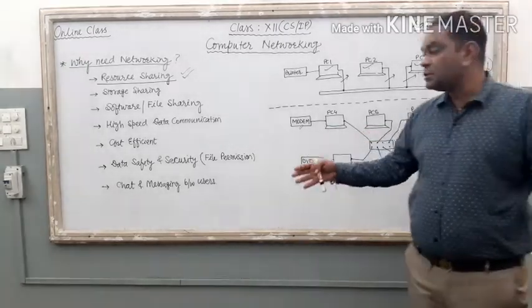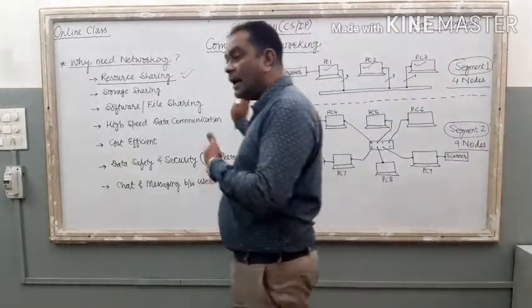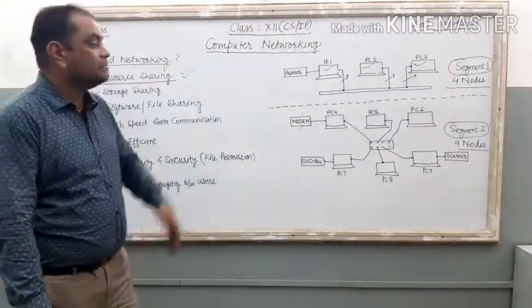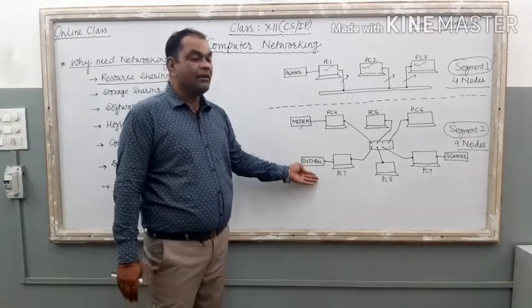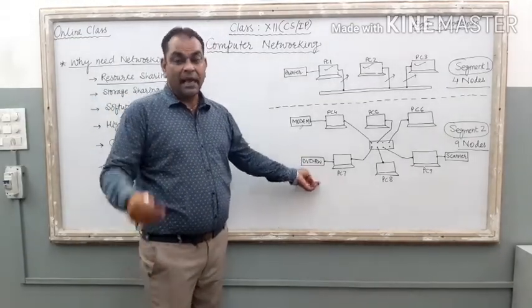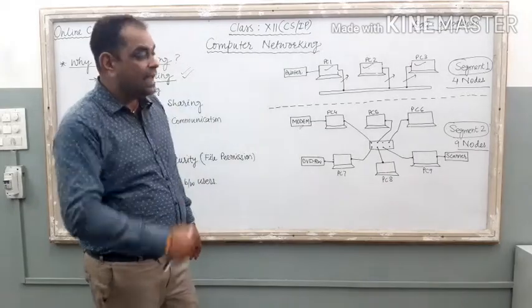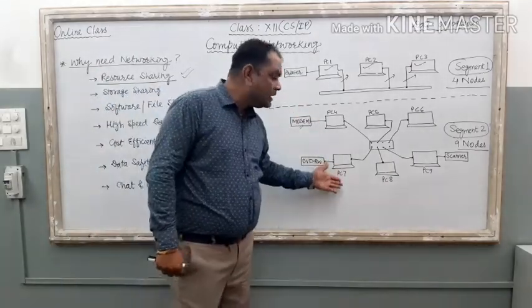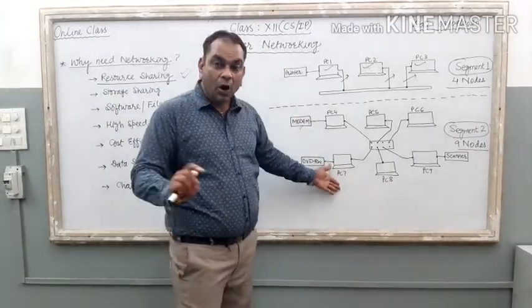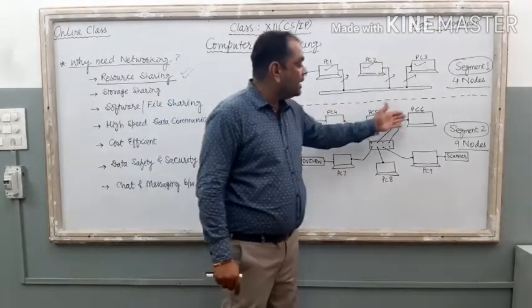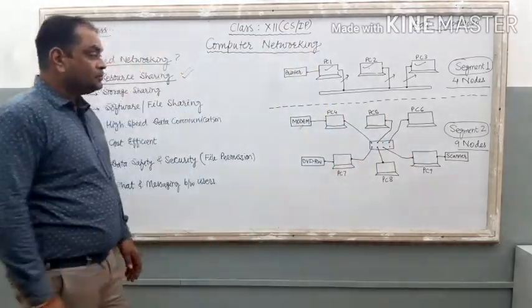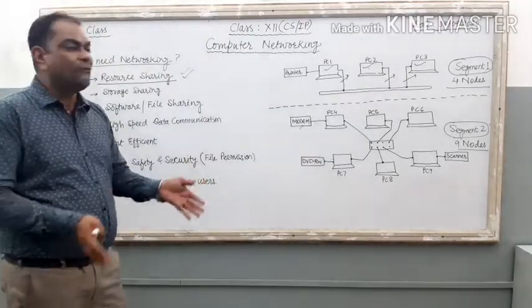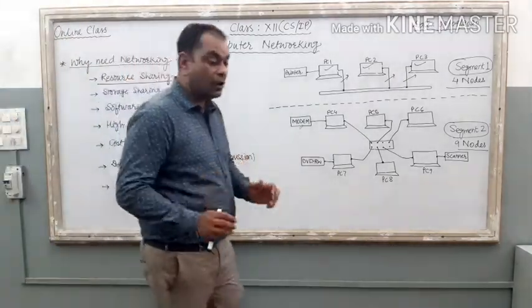How much cost, how much expense it is if all these PCs are standalone. Similarly, a CD DVD writer is attached with this one PC. If somebody wants to access a DVD, he should sit on this computer only, or attach a CD or DVD writer with all these computers. This is the situation if all these PCs are standalone.